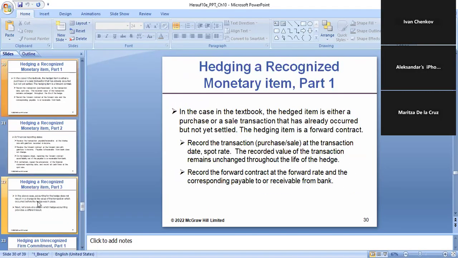That's why they're specifically stated here. We have the other instruments, which are futures contracts and options. On the options, they're very minimum cost, and with the options you have the option to exercise or not.